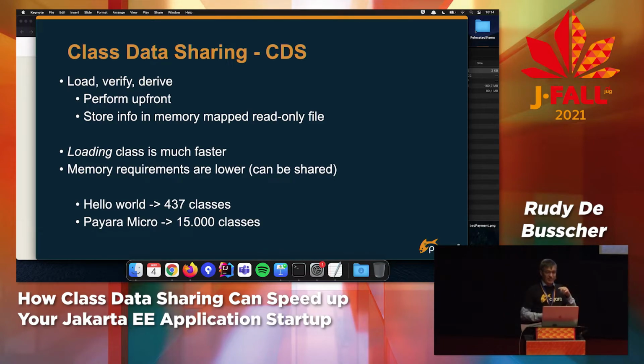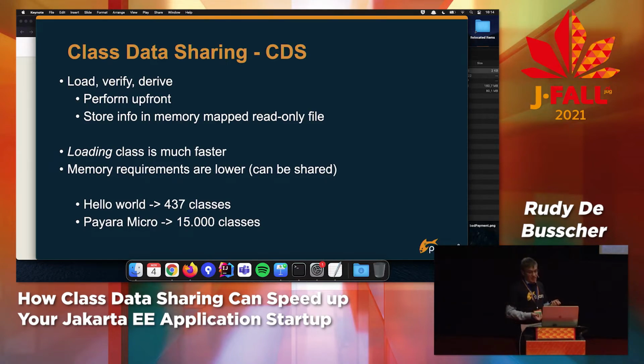That's also one of the nice things that you can see with CDS: how many classes my application is using and which classes. More on that in a minute. Making that hello world faster is of course X%, but that will be in the time scale of milliseconds, which is not worth it.